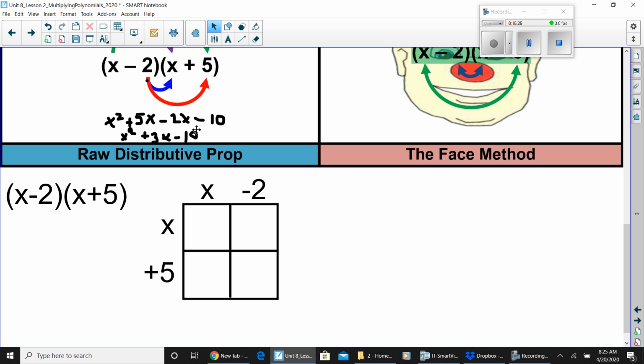x times x, you multiply it, x times x, and you get x squared. x times -2, negative 2x. 5 times x, 5x.